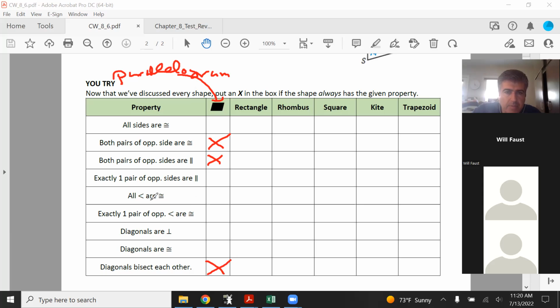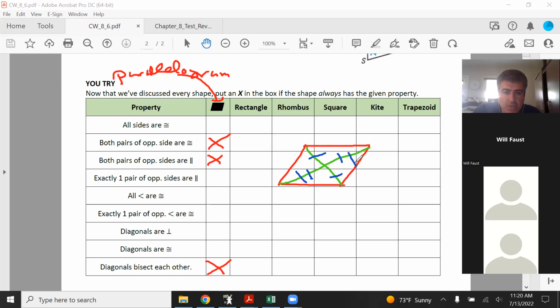Yes, they do. So if I draw a parallelogram again, you definitely have these sides as being congruent. You definitely have these sides as being parallel. And if I drew this, you're going to definitely have this the same as this, and this the same as this.